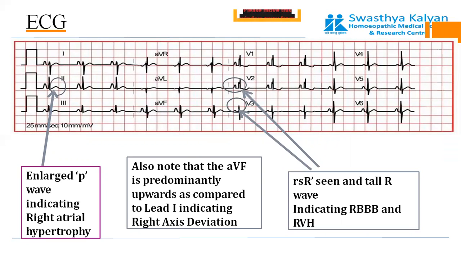Also note that the aVF is predominantly upward as compared to lead I, indicating right axis deviation. So the major findings are the enlarged P wave and tall R wave.